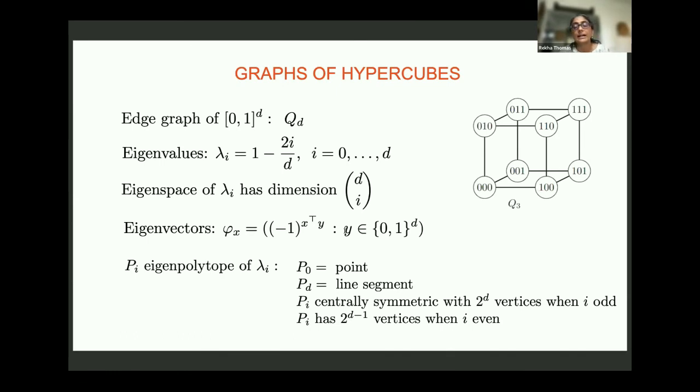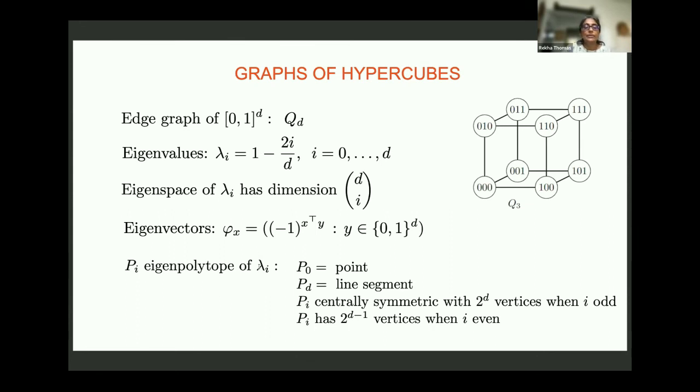There are, of course, many different eigenbases, but this is one. They're very nice. And once you know the eigenvectors, you know the eigenvalues. That's the advantage of working with Cayley graphs. In general, lots of people have worked out eigenvalues of graphs, but not so much is known about eigenvectors. So this is an example where they are known.